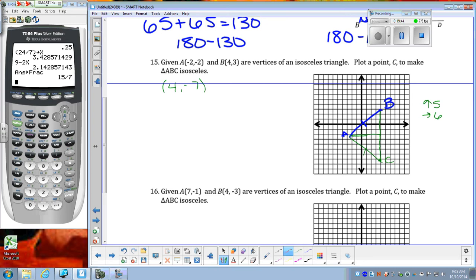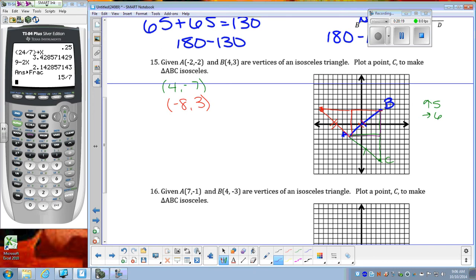To continue with using point A as my vertex, I also could go up 5, and then instead of going right 6, I could go left 6. I have another point C right there, in which case those two are congruent. That point is -8, 3. Well, I also could use B as my vertex angle, in which case I knew I had to go down 5.